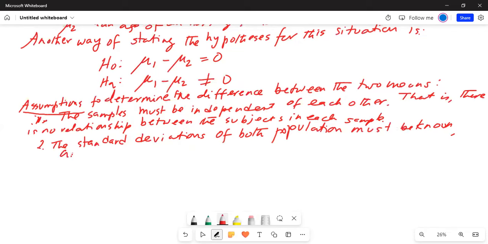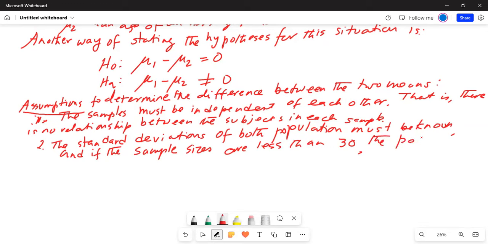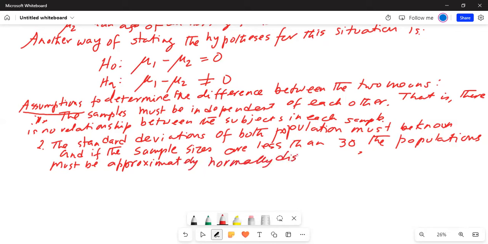And if the sample sizes are less than 30, the populations must be approximately normally distributed. Okay.